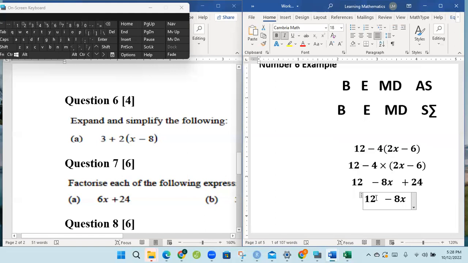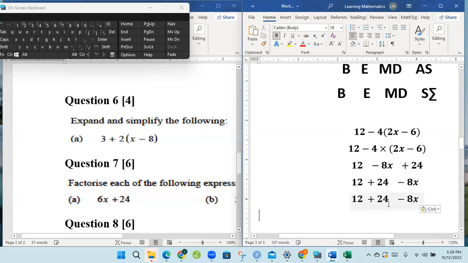There's only one x that you have there, which is negative 8x. And positive 12 plus a positive 24, you can clearly see that will give us 36. So you have 36 subtract 8x. So you have a positive 36 and a negative 8x.